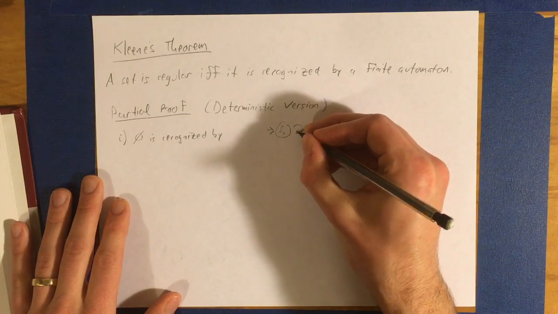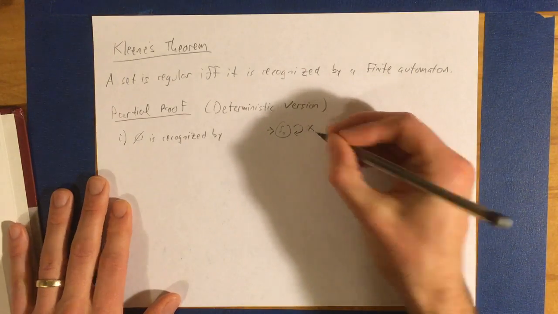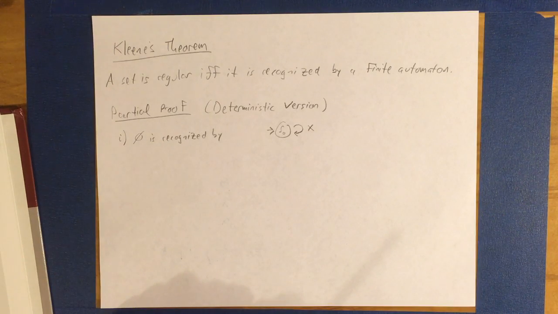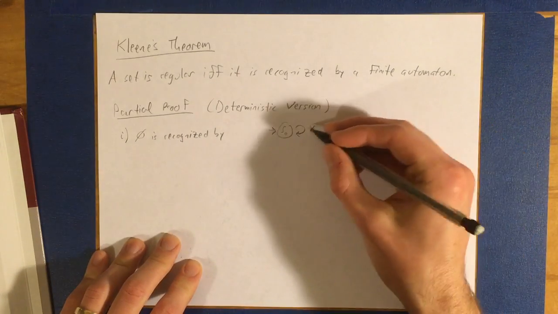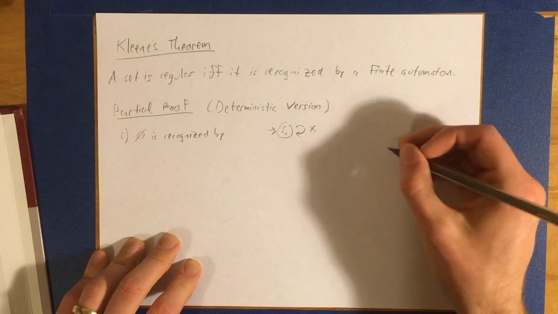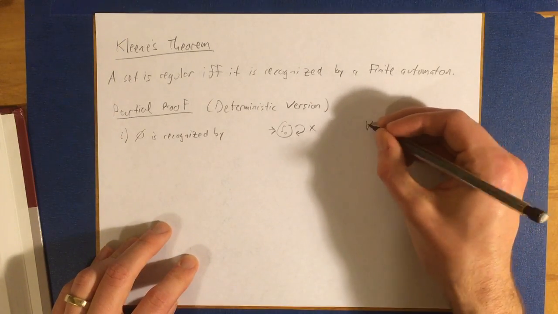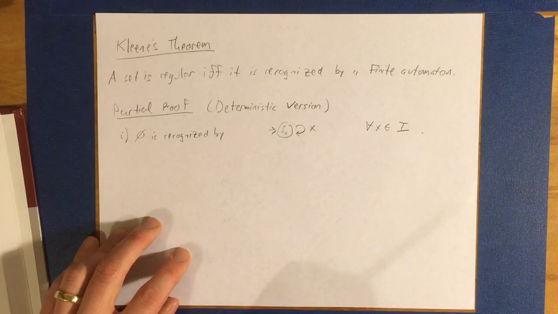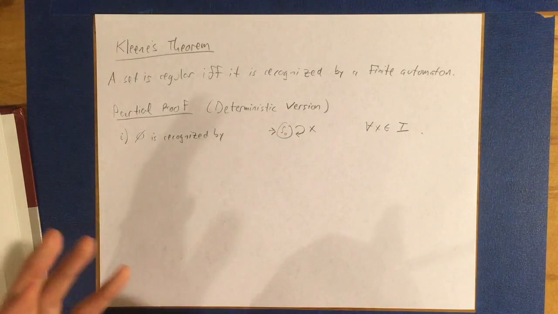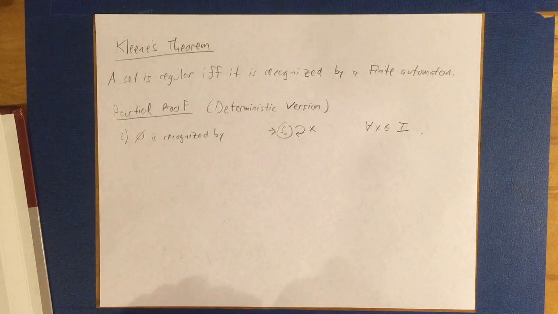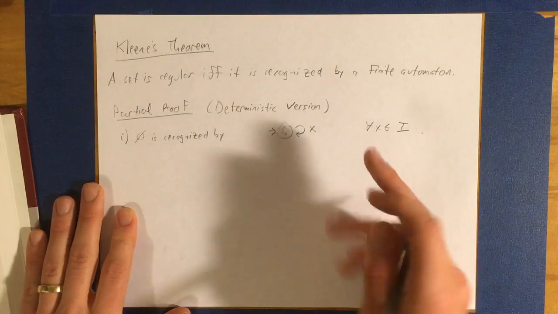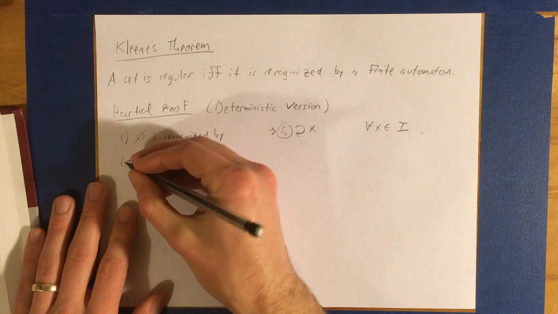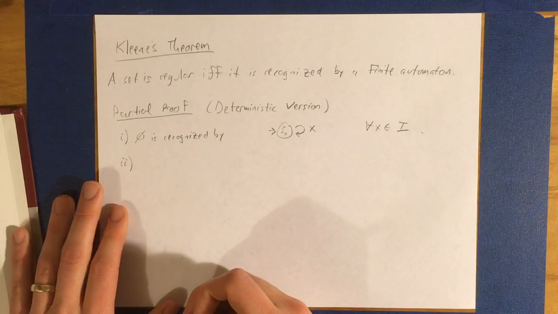Whatever inputs are received, say we receive input x, we'll just loop on that state and stay where we are. That's it. It is a machine that recognizes nothing. And that loop there with input character x is for all x in your input alphabet. I'm going to be using x as an arbitrary element of the alphabet I in most cases. So there we have a machine that shows that the empty set is recognized.